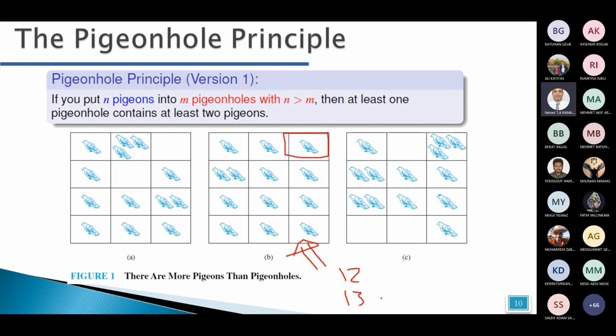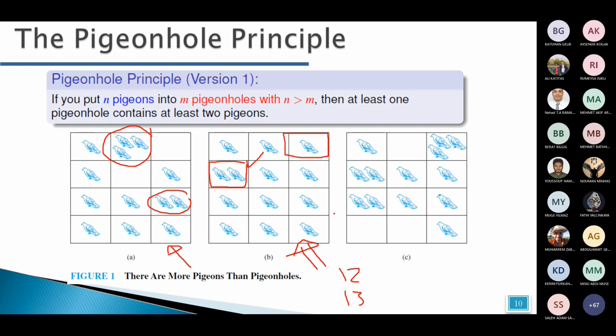In this case, we have at least one hole with at least two pigeons. We could have some holes that have three, some that have two, but it is impossible that each pigeon hole has only one.